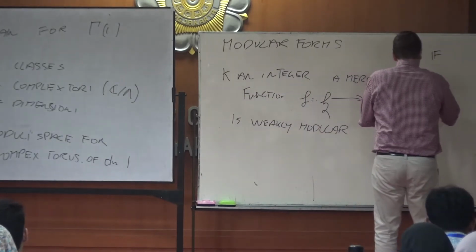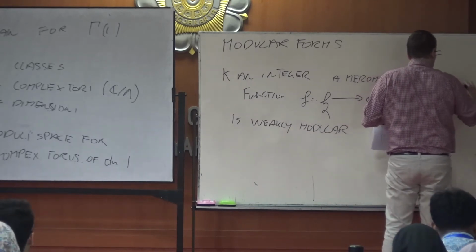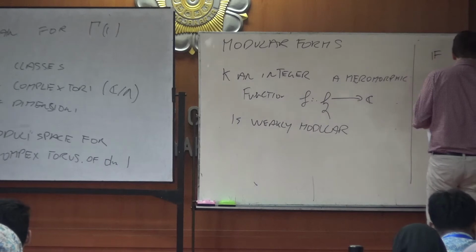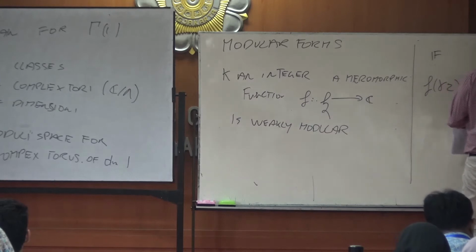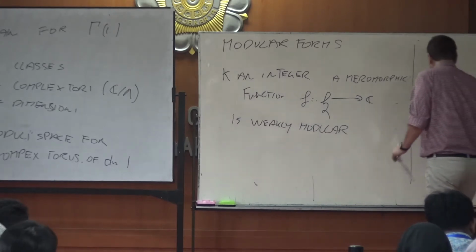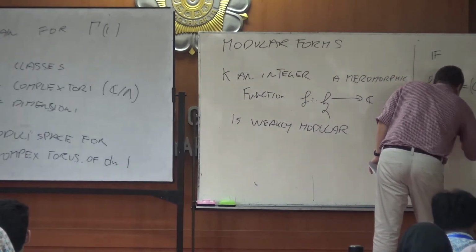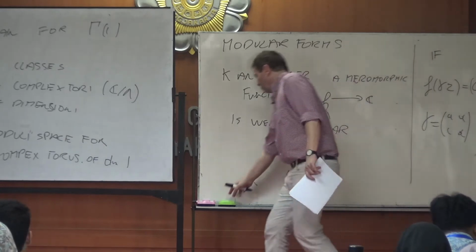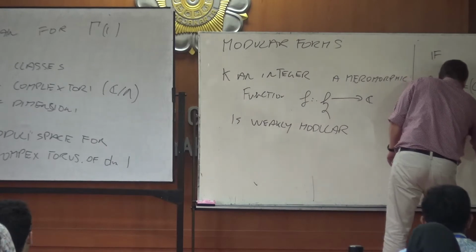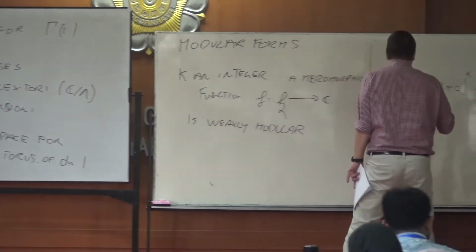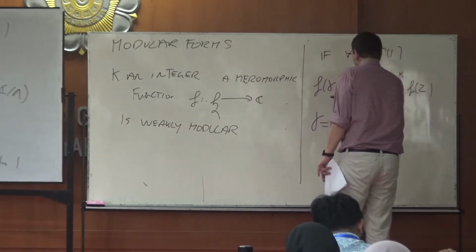If f of gamma tau is equal to (c tau plus d) to the k times f of tau, where gamma is (a, b, c, d), if this is true for all gamma in gamma 1.